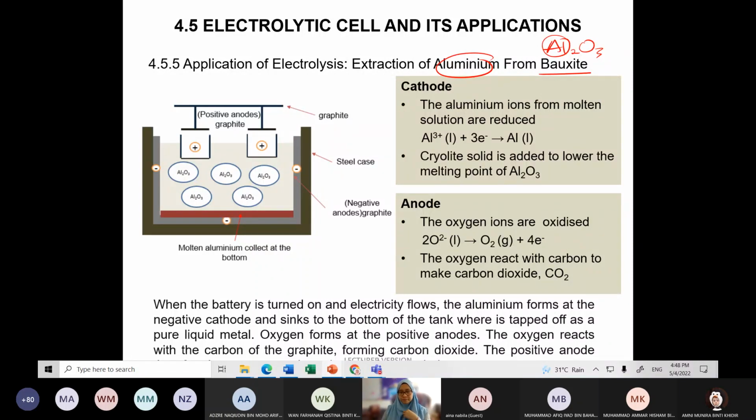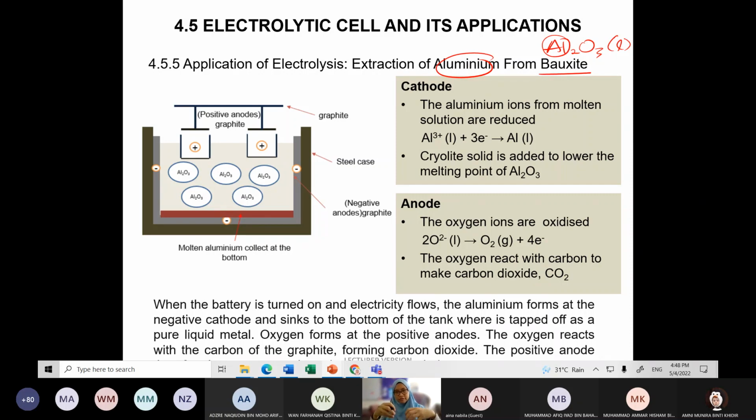Initially, the plan was to electrolyse the bauxite in molten form. We melt the bauxite, and then we electrolyse.